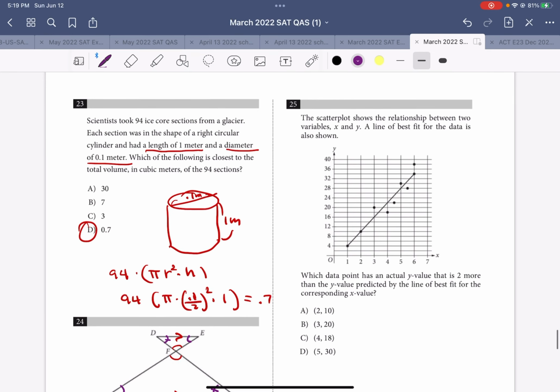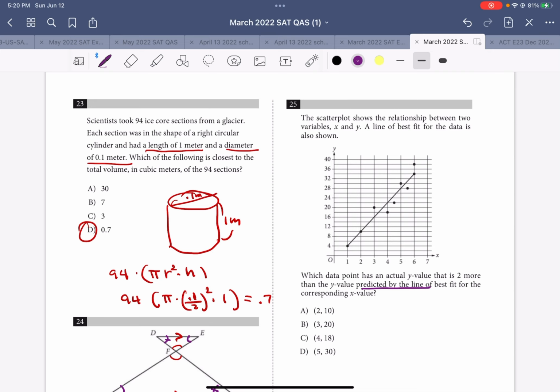Number 25. The scatter plot shows the relationship between two variables x and y, and a line of best fit for the data is also shown. Which data point has an actual y value that is 2 more than the y value predicted? The predicted value is on the best fitting line, and the actual one is the dot.